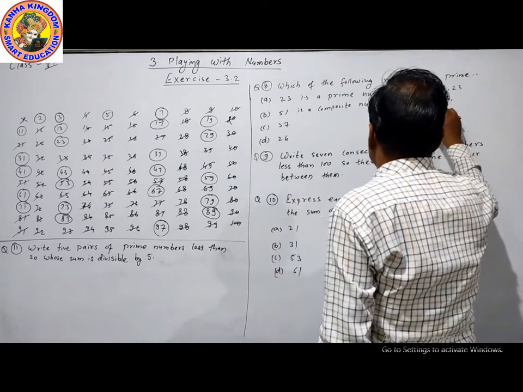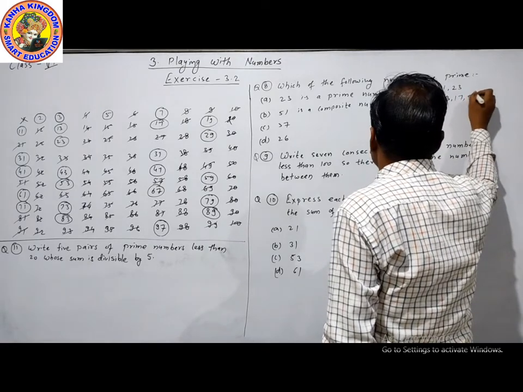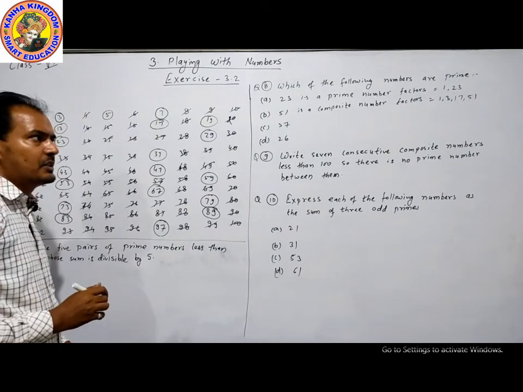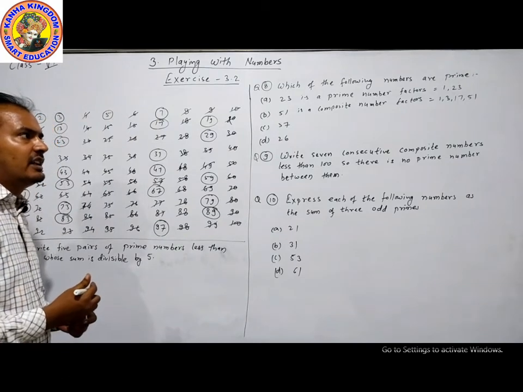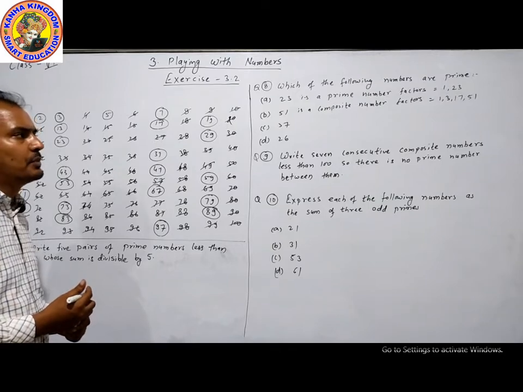So next is 17, 51. If it has more than 2 factors then it is called a composite number. Here the factors of 51 are 4. So this is a composite number.